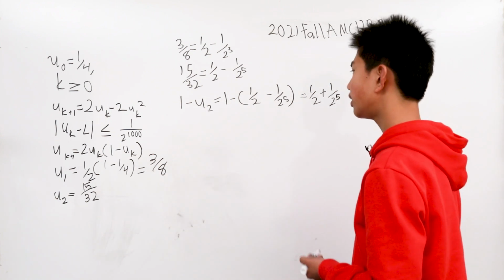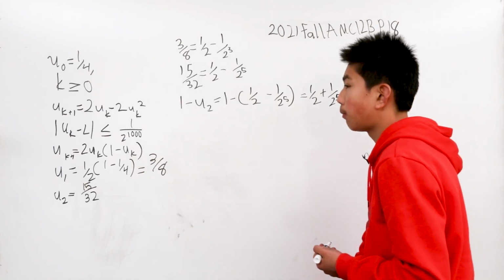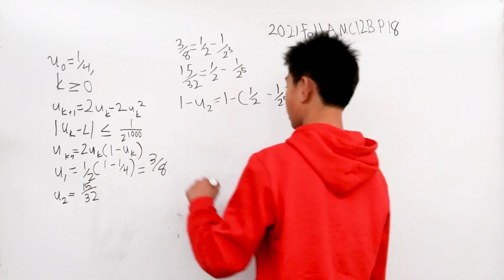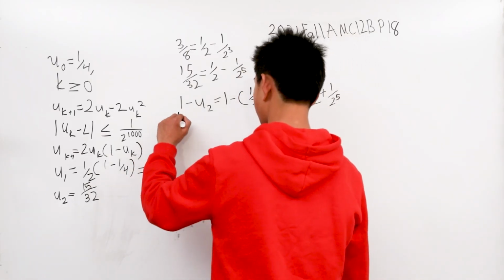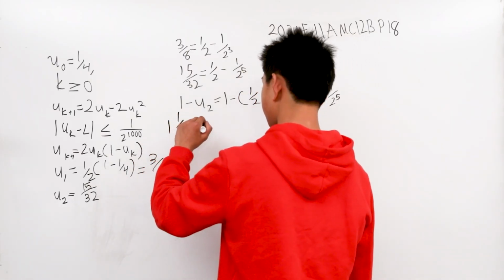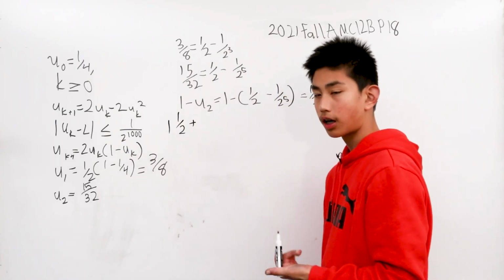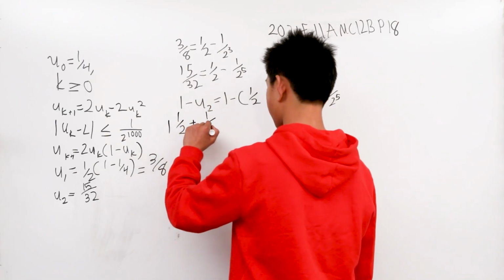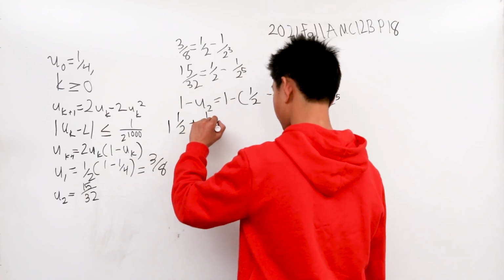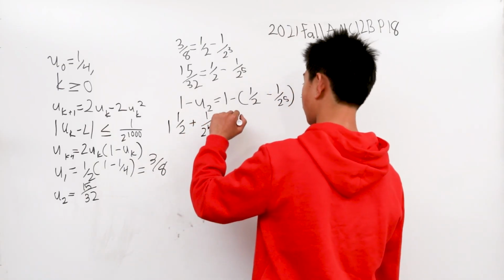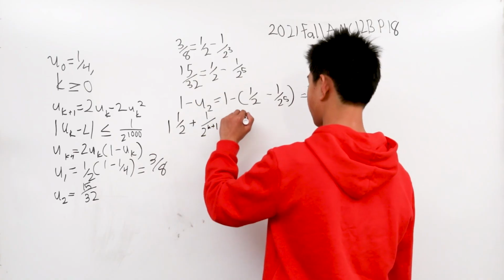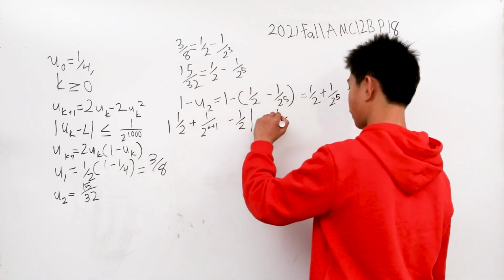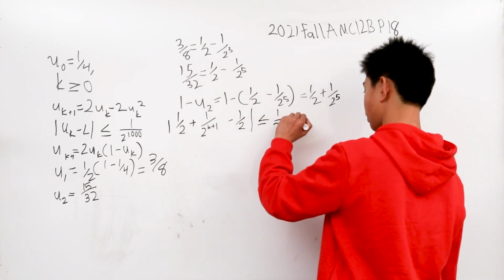Now, what we do know is that we can rewrite this as the absolute value of 1/2 plus a recurring term, which is 1 over 2 to the power of k plus 1, minus our limit, which is 1/2. And this is all less than or equal to 1 over 2 to the power of 1000.